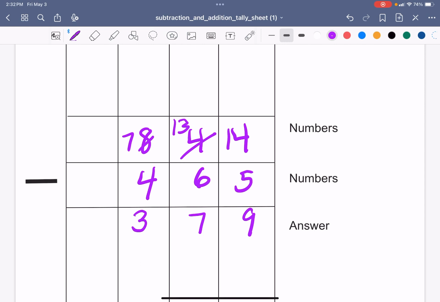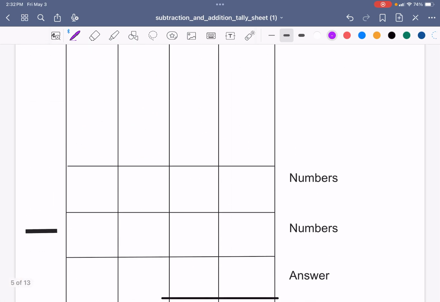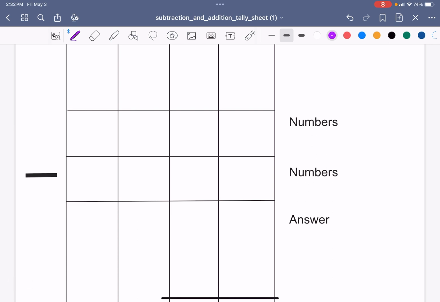Let's do one more for practice. Let's do 136 minus 59.